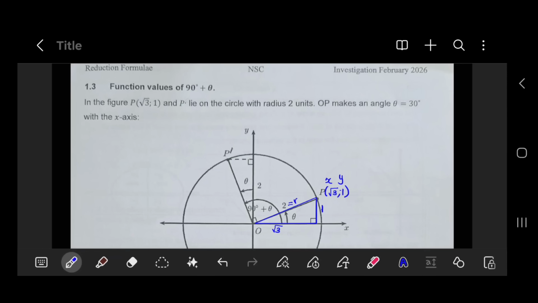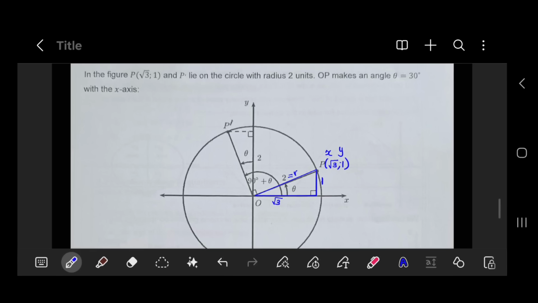Okay, and it says that the image of P lies on the circle with radius 2. OP makes an angle of theta equal to 30 degrees with the x-axis. Now again, image of P means that this point P has been reflected in some way. So from the positive x-axis to the line, the angle we have is 90 plus theta.